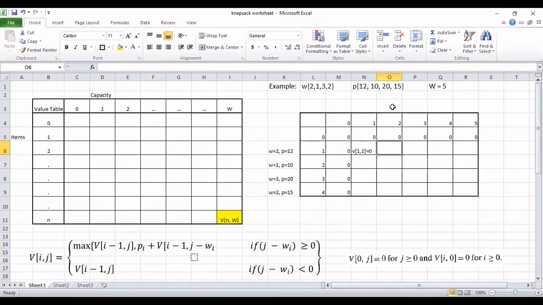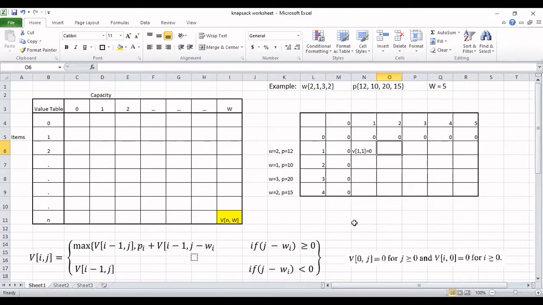Can we have a 2 kilo capacity and put a 2 kilo item into that? Yes. So looking at the first equation, if J minus Wi is greater than or equal to 0, then we look for maximization. J is 2, Wi, the weight of the first item, is 2. 2 minus 2 is 0, so we look for maximization.